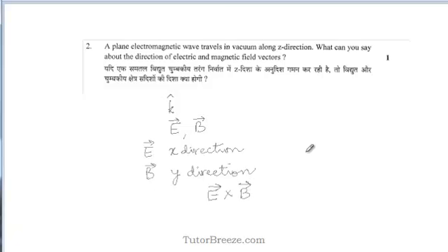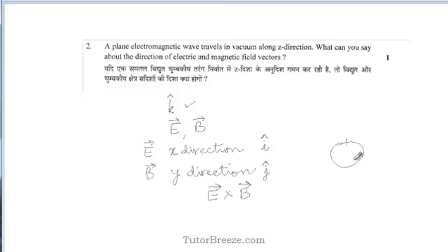Since the electric field is in the X direction, I can denote it by an I vector, and the magnetic field is a J vector, and I cross J gives you the K vector, which is the direction in which the wave travels. If you had the electric field in the Y direction and the magnetic field in the X direction, then the wave would be traveling in the negative K direction.